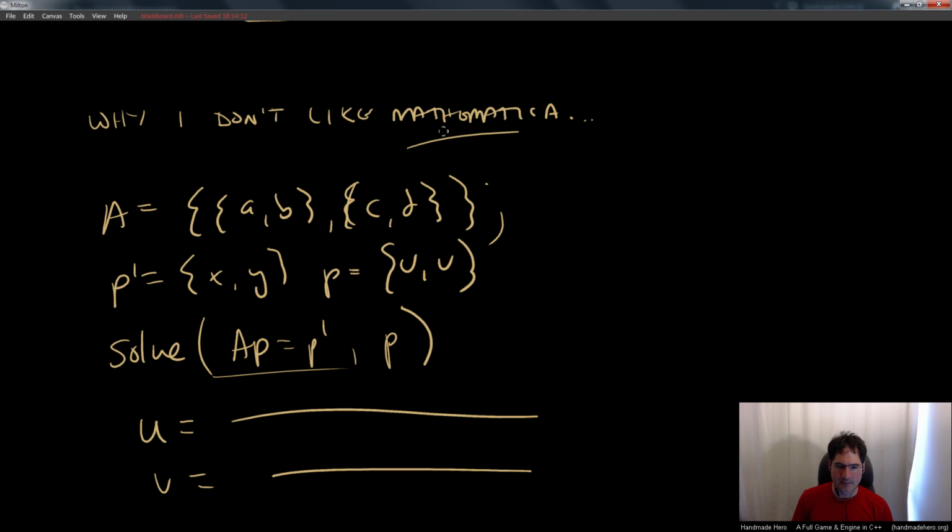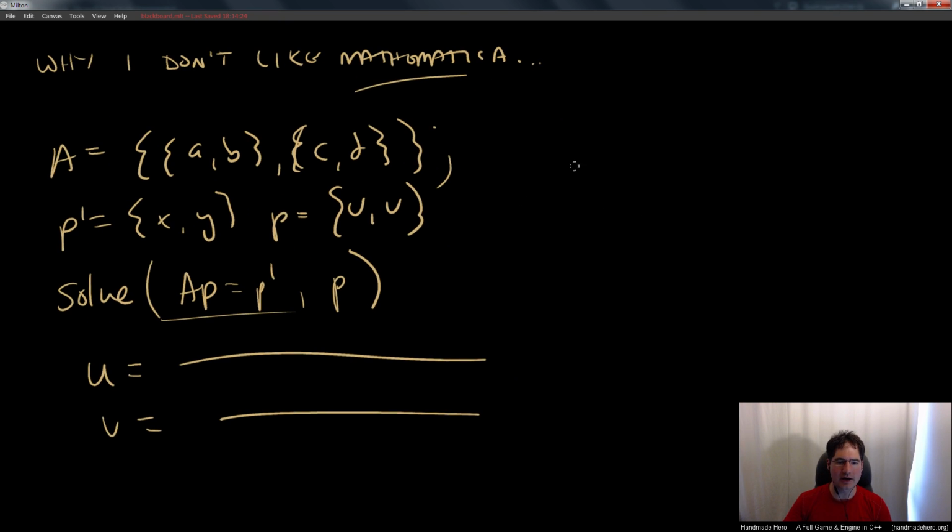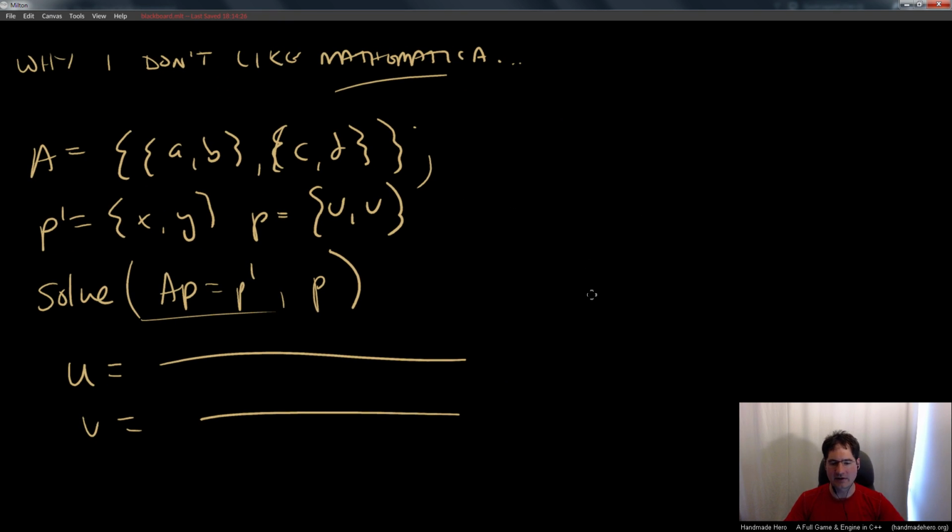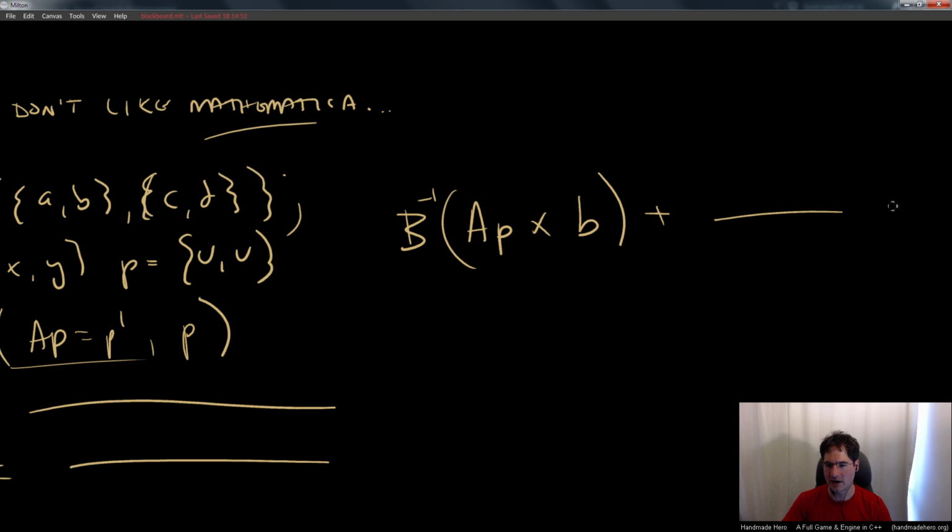But here's the problem. If I don't want it to drop down to scalar, all bets are off. So let's say that I was trying to work out some really big matrix equation, right? And there's lots of stuff happening. So it's like, oh yeah, this was A prime, AP cross some other vector, AP cross B times some other matrix here, inverted, and that was added to some other thing, and blah, blah, blah, right?